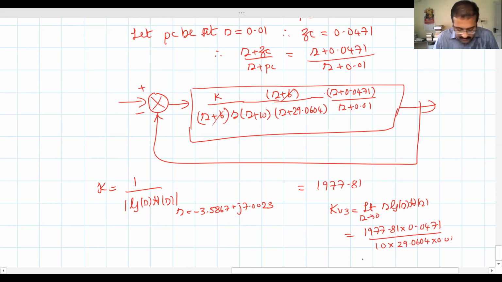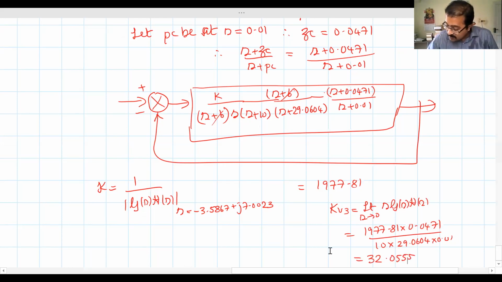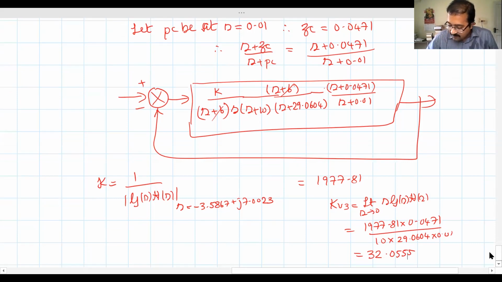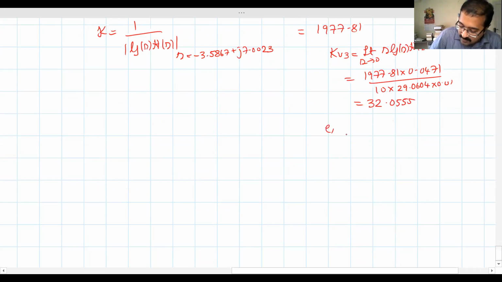How much is that? 32.0555. Now how will you find the corresponding steady state error? ESS3 is 1 divided by Kv3. The steady state error will be 1 upon Kv3.